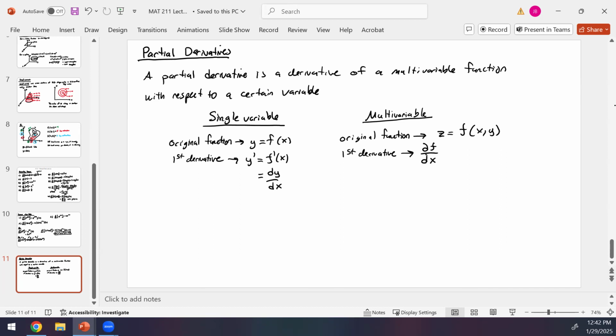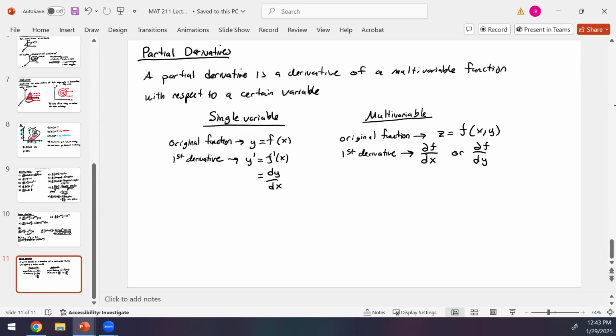And sometimes when I write it, it will look like a d. But ultimately, whether you use d or partial doesn't matter. The partial symbol just tells the reader, if you see this symbol, you have a multivariable function. You could use df dx and df dy, and it wouldn't be wrong. It just wouldn't be as descriptive.